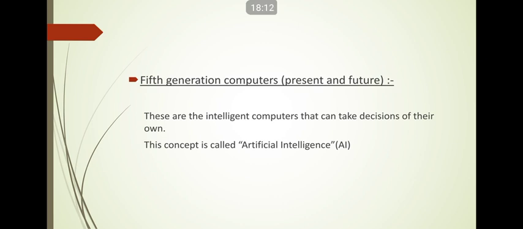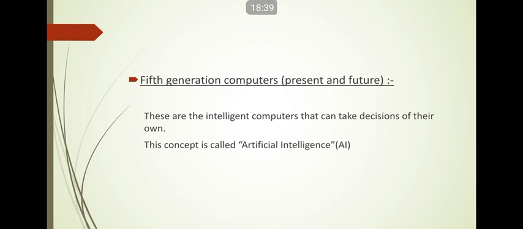Because these computers can take their own decisions. That is why this concept of taking decisions on their own is named artificial intelligence, or many times you people have heard this term AI. Artificial intelligence, those computers which can take their own decisions by themselves.